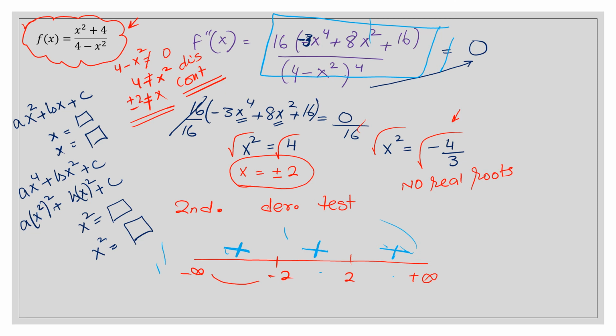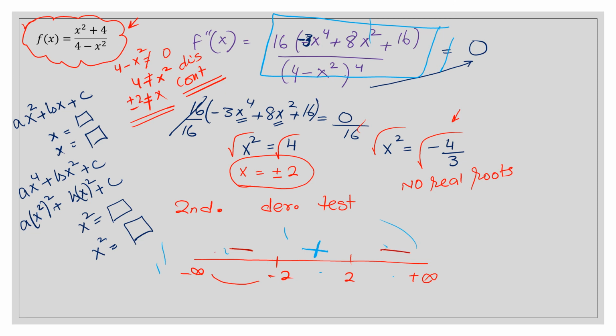So one more time, if I choose negative 3 from the first interval, then I will get a negative sign. If I choose 0, I get a positive sign, that is correct. And if I choose 3 from the other one here, I will get a negative sign.